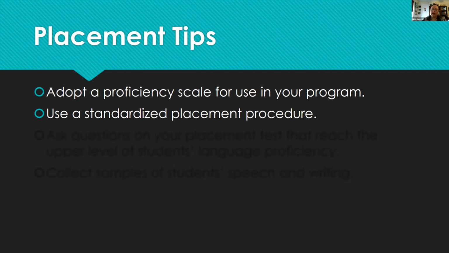So they were getting different kinds of responses from the students. So it wasn't really possible to compare the proficiency level of the students because they were really giving different answers to different questions. So using a standardized placement procedure will allow you to be better able to compare the proficiency level of the different students who are coming to your program.